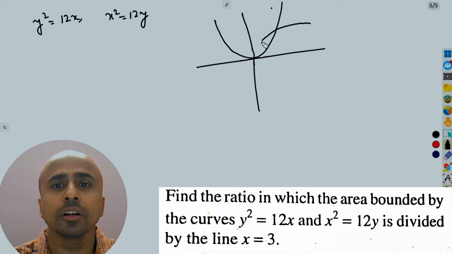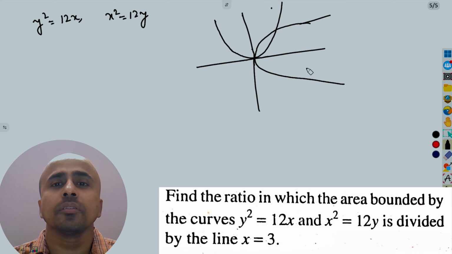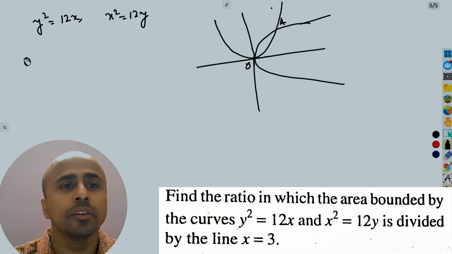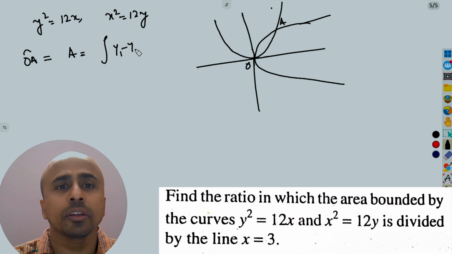We have this curve, we have this curve, and let's say this is O, this is A. We know the area of this part is the integral of y1 minus y2 dx from 0 to alpha, where let's denote it as A alpha.